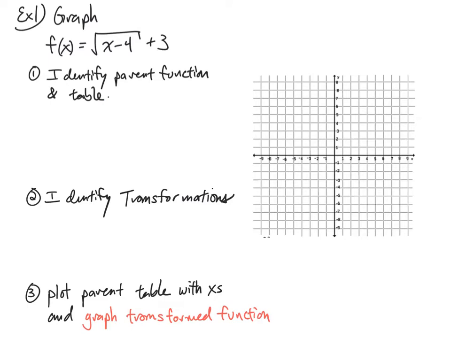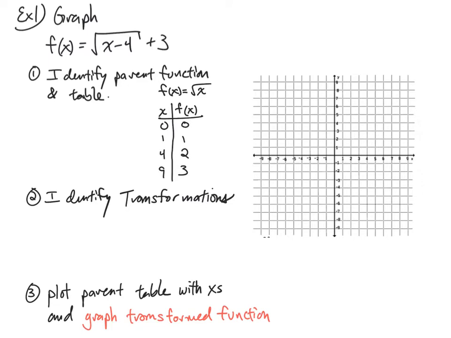So what defining feature about this side of the equation do we have to work with here? Well, you mostly want to figure out where the variable is or what's happening to the variable. So I see the x is here, and I see a square root is around this x. So we can now know that the parent function is f of x equals square root of x, and that the parent table looks something like this.